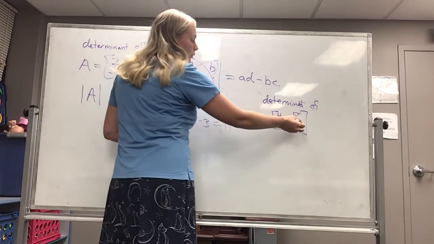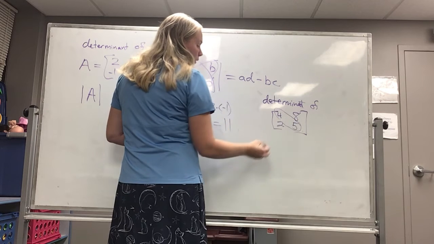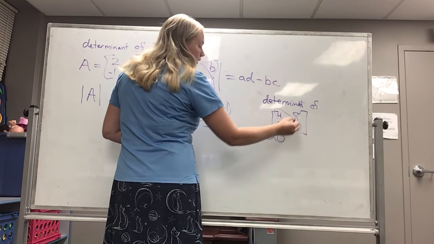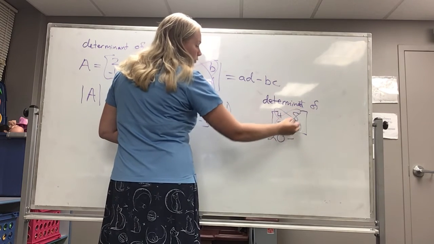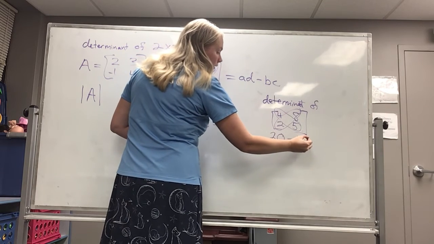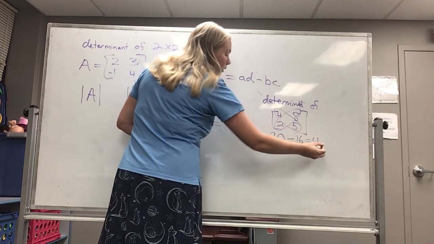Again, you multiply, 4 times 5 is 20, minus 2 times 8 is 16. Our determinant would equal 4.